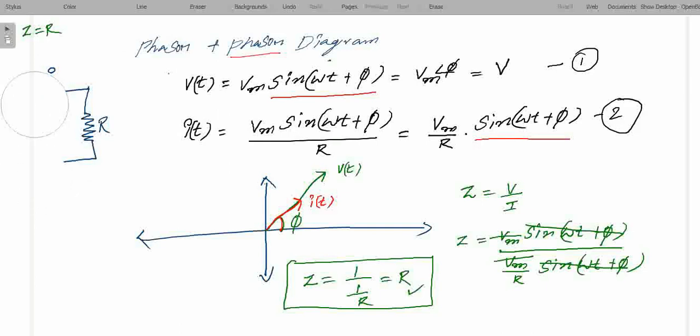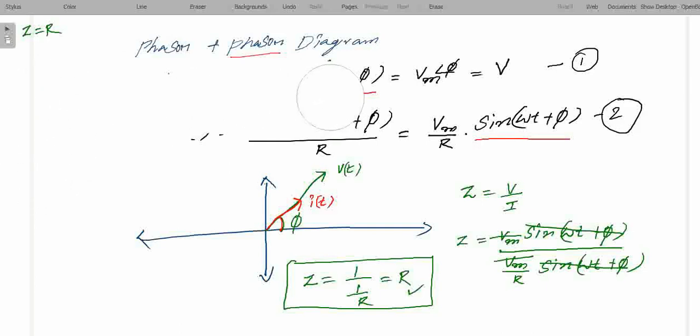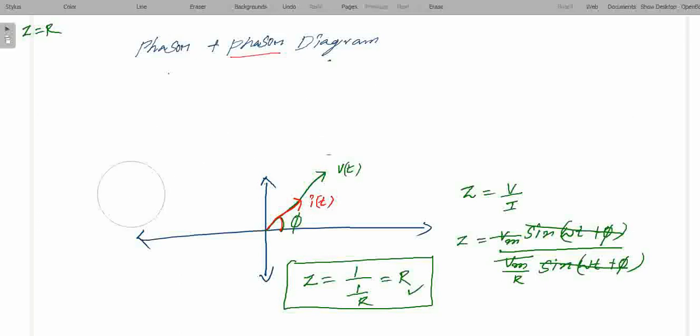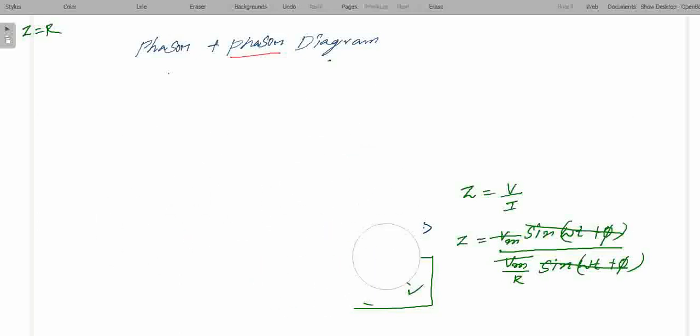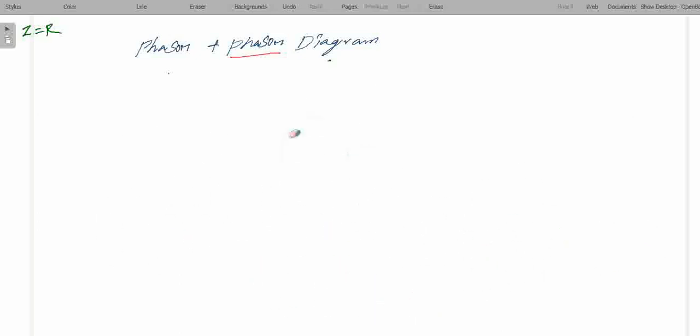Let us see the phasor diagram and impedance for a purely inductive network. This is your V, this is your I, and this is your L. Let us consider the current flowing through the inductor.